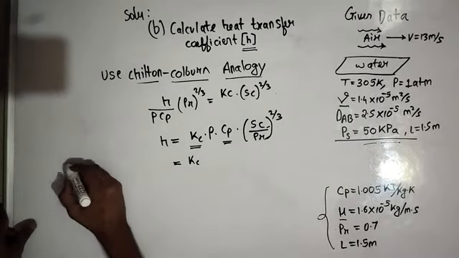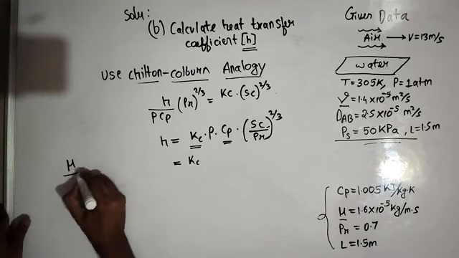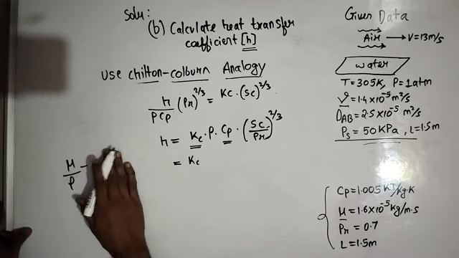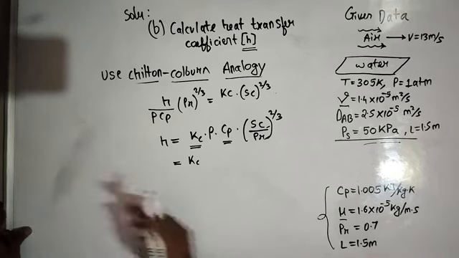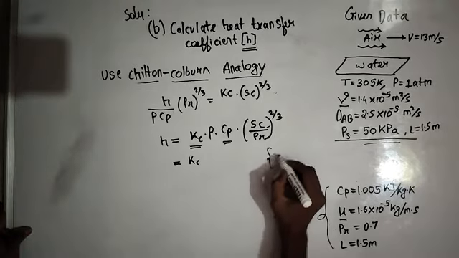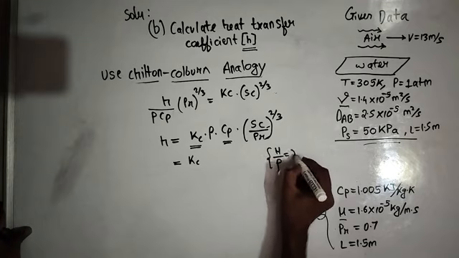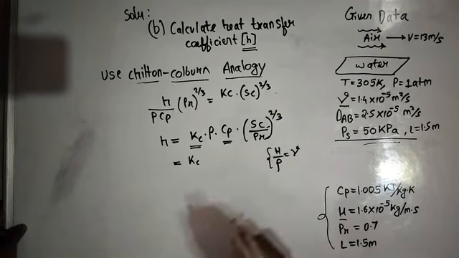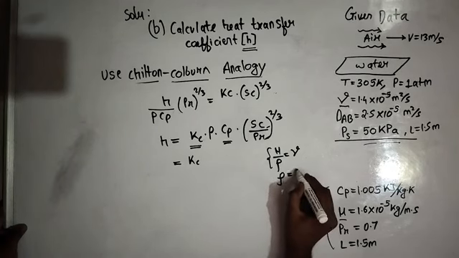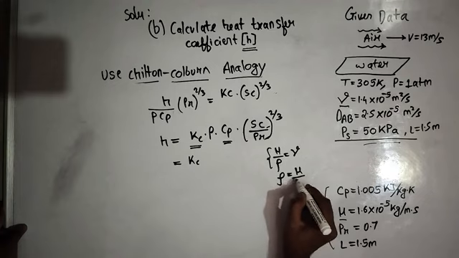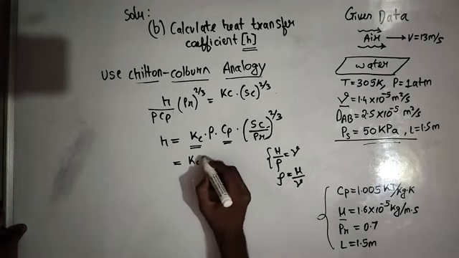So from the relation mu upon rho equals kinematic viscosity, we can calculate density as mu upon kinematic viscosity.